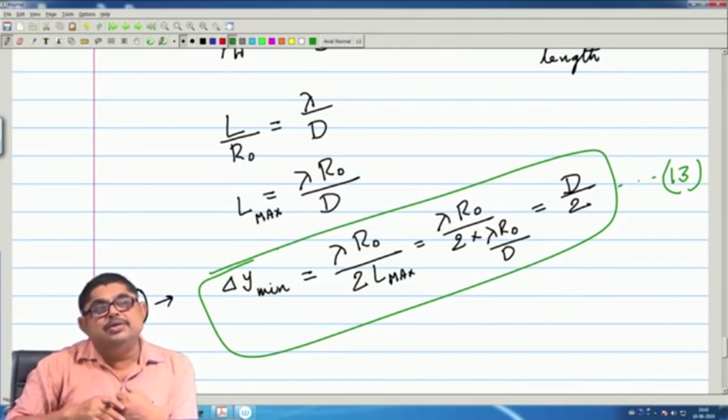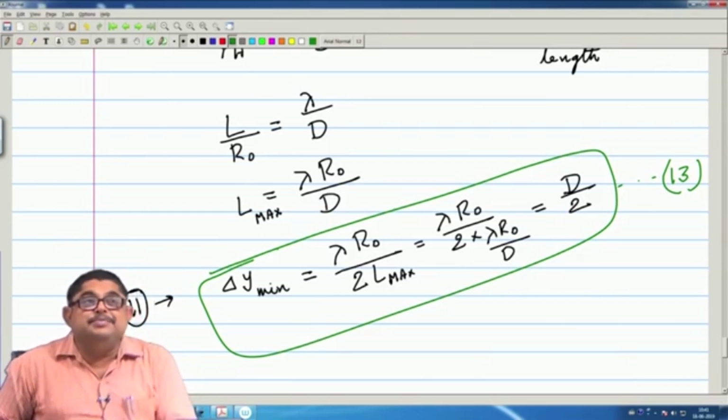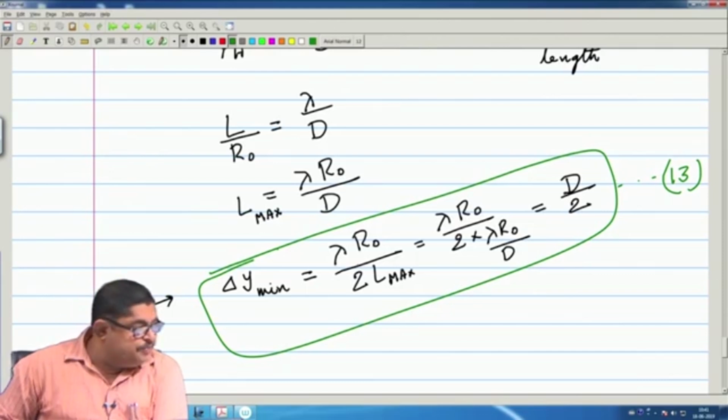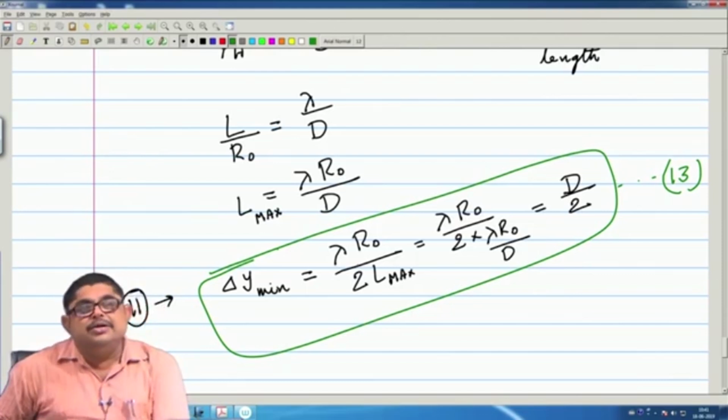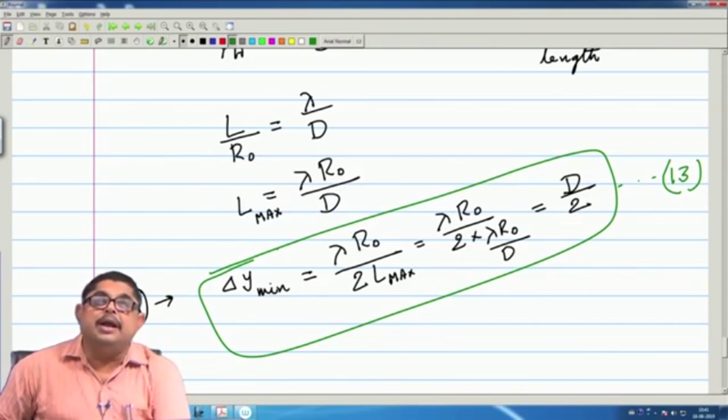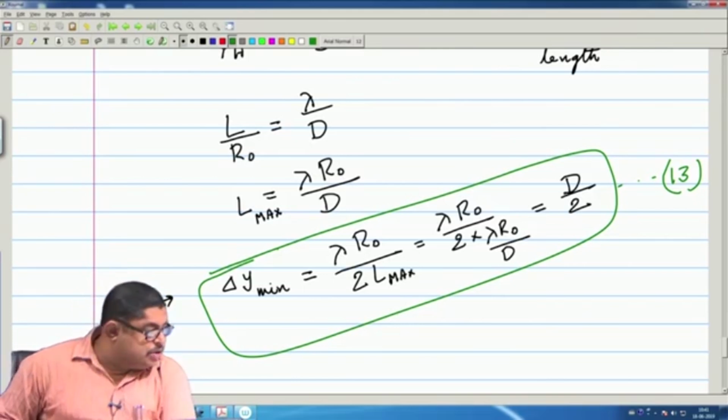So, both the gains will decrease. That will make you need a more powerful transmitter. So, actually there is a conflict between these, on what will be the optimum size of the antenna.